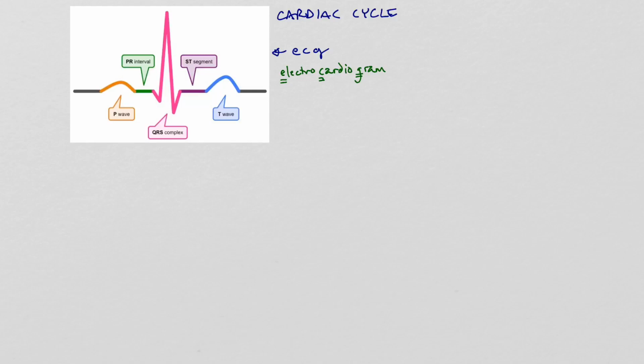Okay. The lower part is the Q, then the R, then the S. Then we have a little ST area in between the S and the T, and then we have a T wave. So the key components here are a P wave, a QRS complex, and a T wave with a little bit of a line in between the P and the T and the middle part.